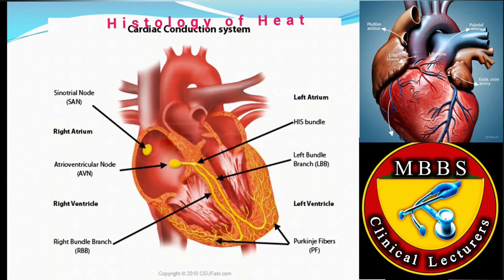Then near the apex, on the left and right side they turn toward the periphery, and these are called the Purkinje fibers. Through them the current reaches up to here and vanishes, and then the next impulse arises from the SA node, AV node, bundle of His, right and left bundle branches and the Purkinje fibers, and this system goes on throughout life.